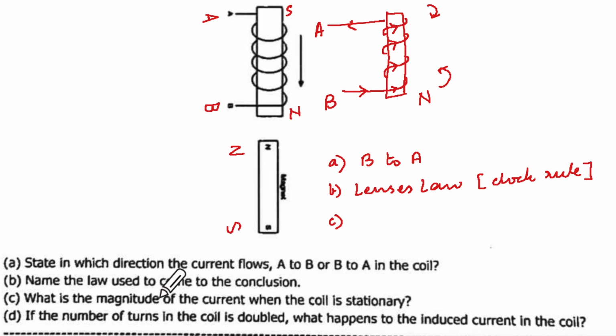Yes, ma'am. What is the magnitude of the current when the coil is stationary? 0. If the coil is stationary, it will be 0, since there is no change in magnetic flux. If the number of turns is doubled, what will happen?